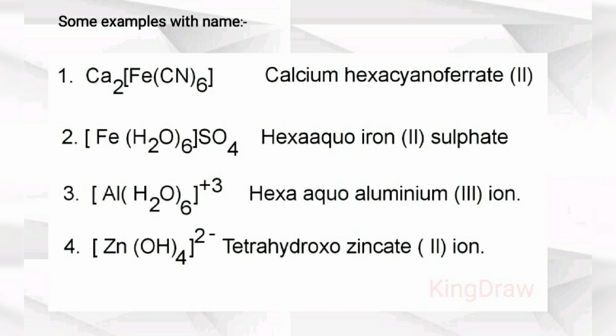OH means hydroxyl group, and we write hydroxo. Hence the name of the substance becomes tetrahydroxozincate with oxidation state 2, tetrahydroxozincate(II) ion. In this way we can write the name of a coordination compound.